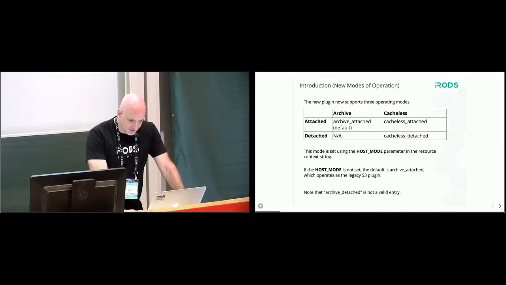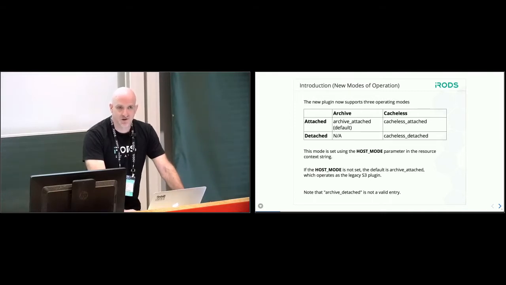And these are set in the context string with the host mode parameter. So it's configured just like all the other resources. You set the host mode to one of these 3. If the host mode is not set, then it goes to archive attached, which is the legacy operation. That is the cache version of S3. So this will not break your existing deployments.